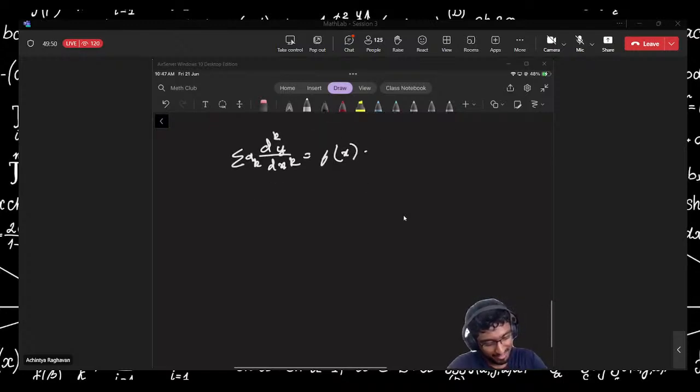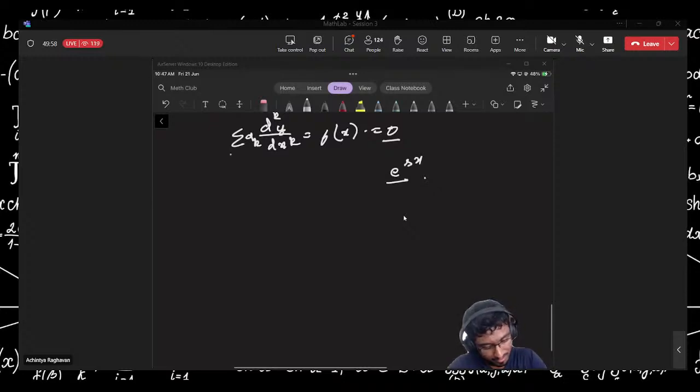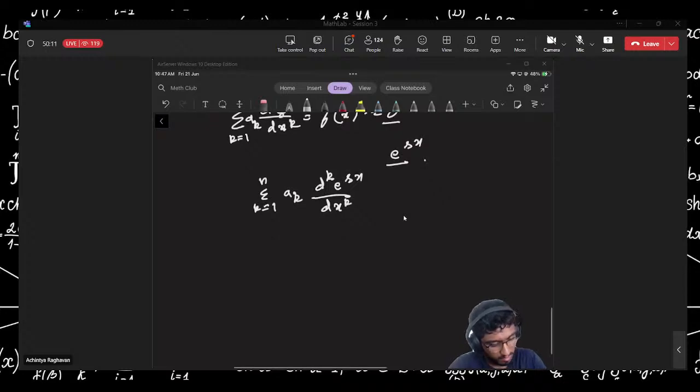Let's take a particular case where this is equal to 0, and see what happens if we substitute e power sx as a solution. We get the sum from k equal to 1 to n of a_k times d^k of e power sx by dx^k equal to 0.